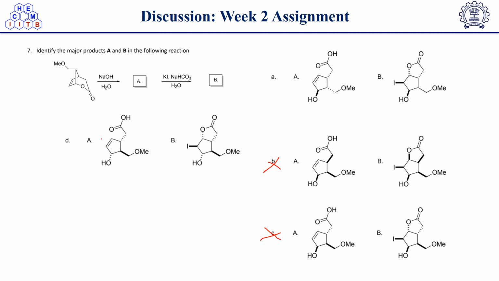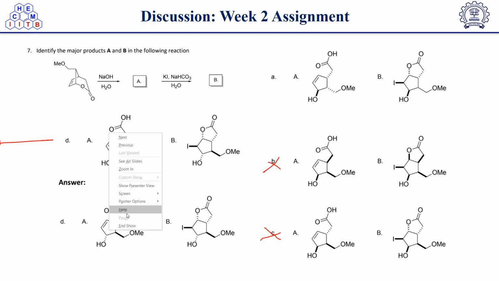That is, iodine will be forming this iodonium ion, and on that iodonium ion, this hydroxyl group will be attacking, and that attack will be directed by this hydroxyl group. So that attack will be from the same side of the hydroxyl group, and therefore the correct answer will be option D. Option D will be the correct answer.